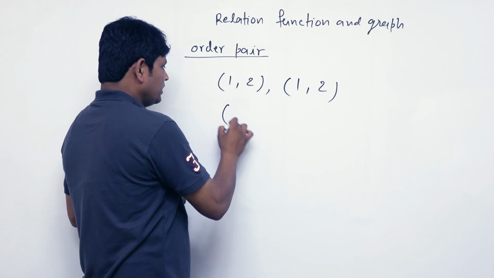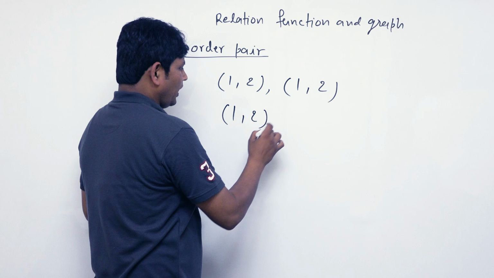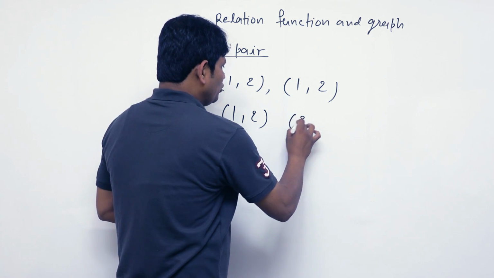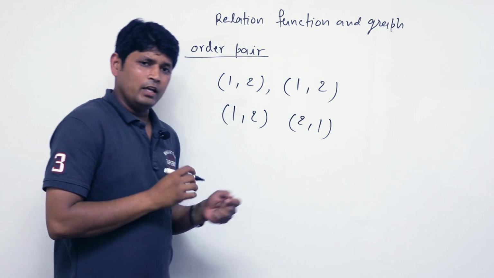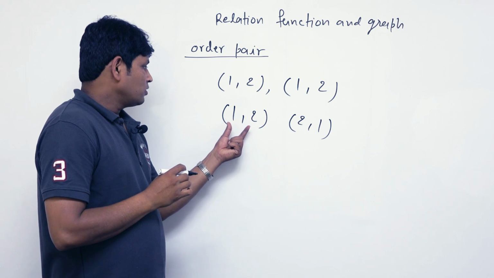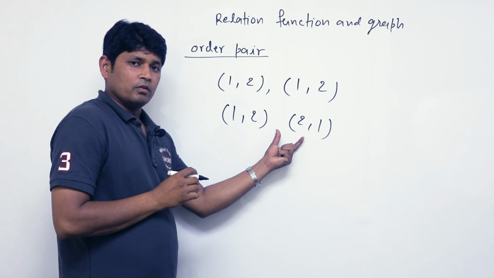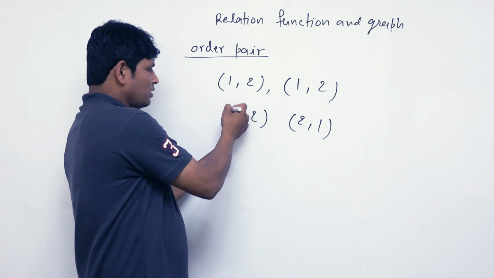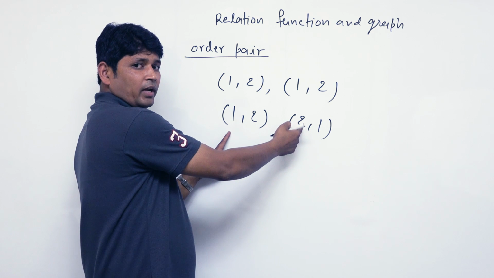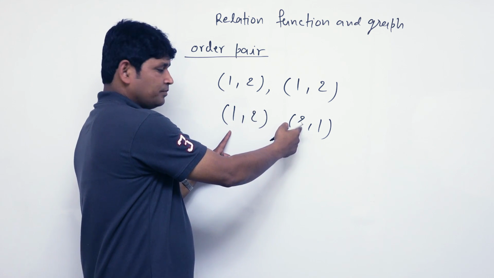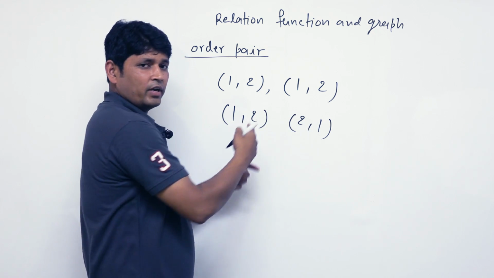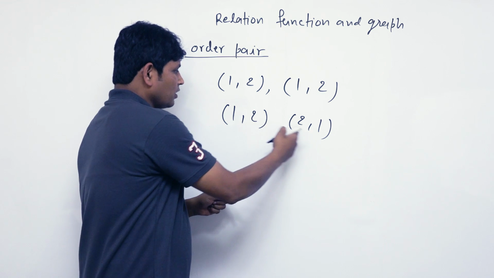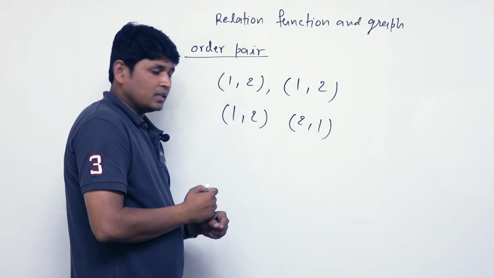If I write 1, 2 and 2, 1, are they equal or not? These ordered pairs are not equal, because the first components are different and the second components are also different.